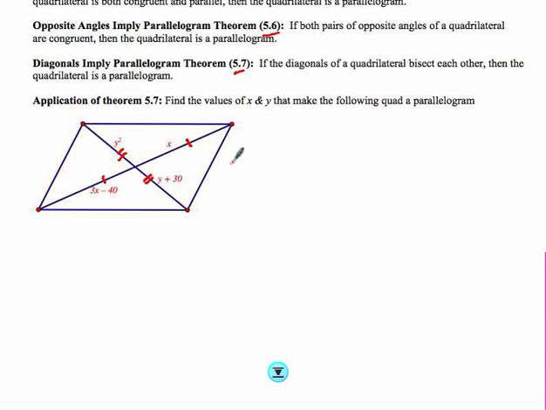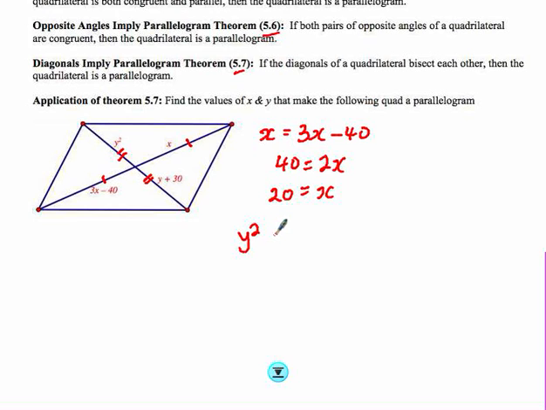So the value of x is obtained if we equate x to 3x minus 40, which means the two segments are equal to each other. Solving this relatively straightforward equation, we have x equal to 20. We take the same approach for the other diagonal.